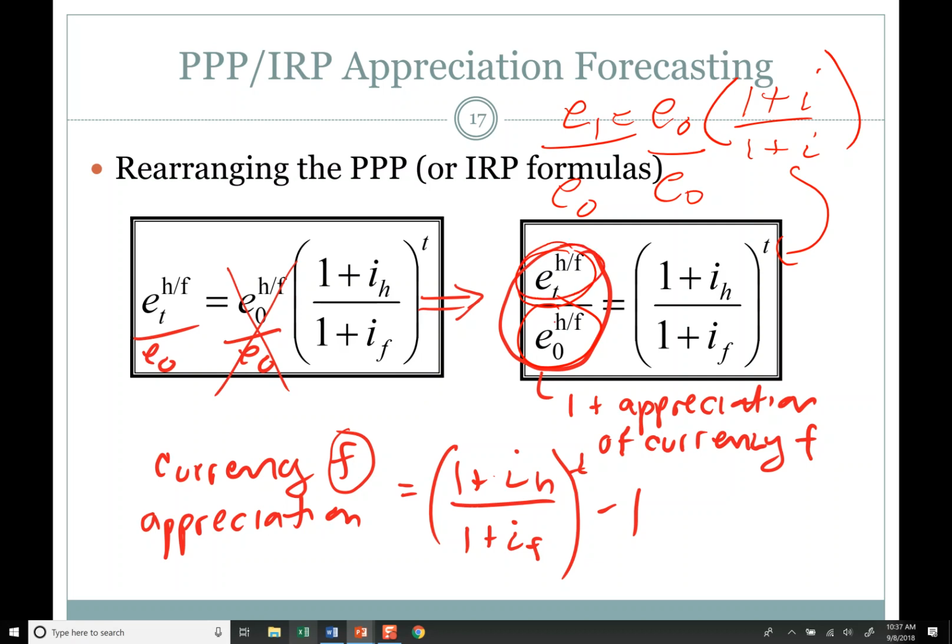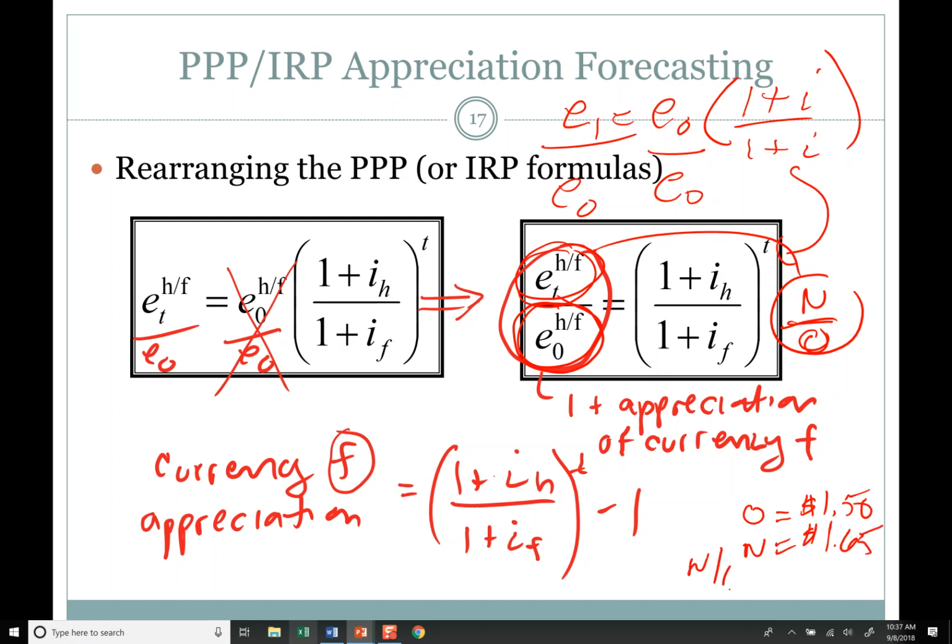This is the new expected exchange rate over today's exchange rate. That is new over old, right? Say the old exchange rate. Let's do the euro, the one I gave you. Say the old exchange rate is $1.50, and the new exchange rate is $1.65.